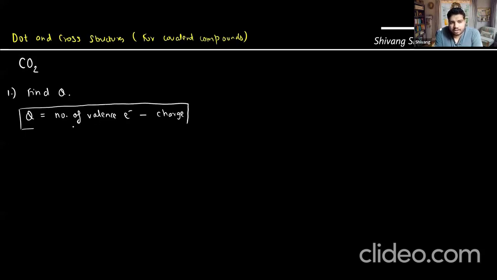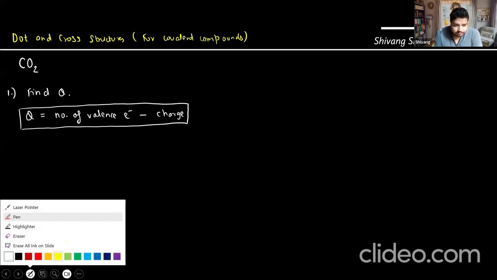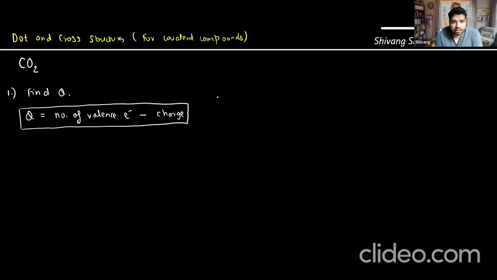And this Q is basically the number of electrons that we will be using to draw the structure. Let's calculate it quickly. So in this case, Q would be carbon, which has 4 valence electrons. Carbon is 2, 4, and oxygen is 2, 6.